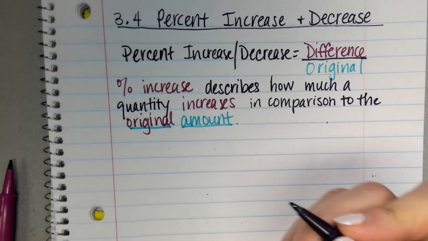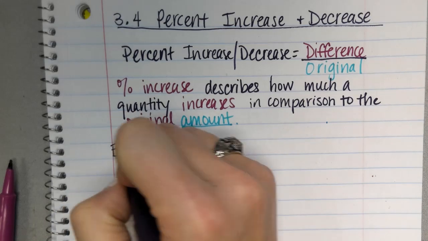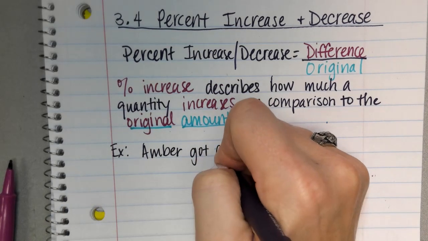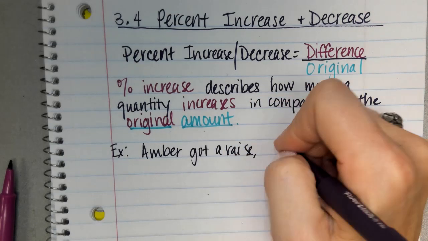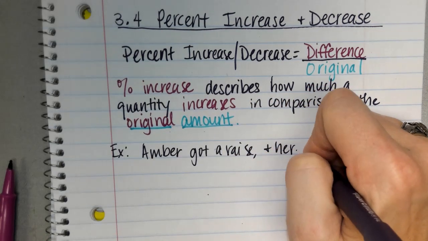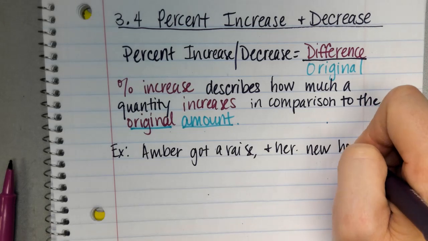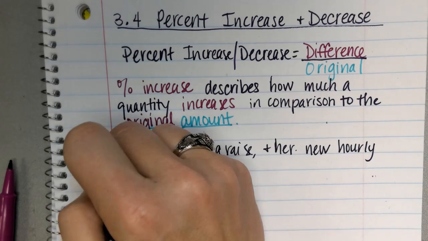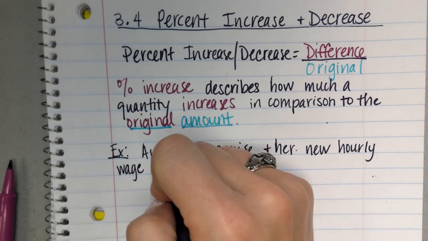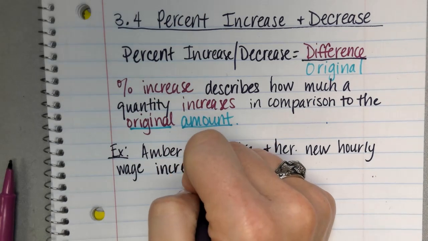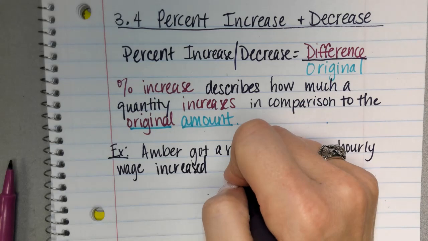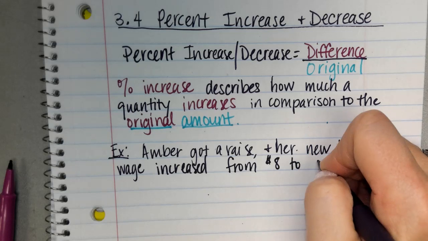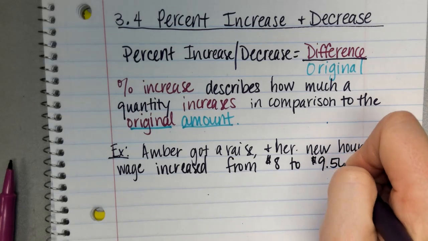Okay? Here's an example. Amber got a raise, and her new hourly wage increased from $8 to $9.50.